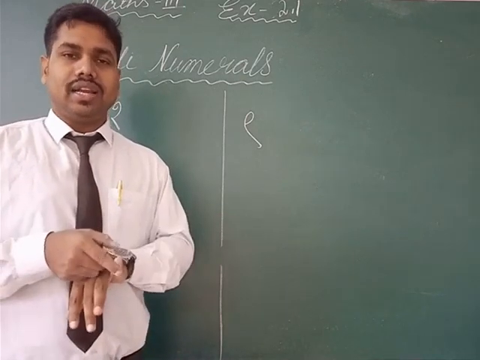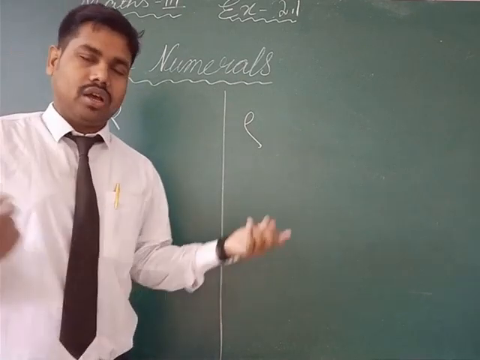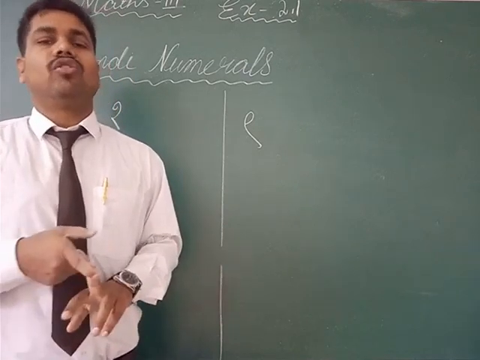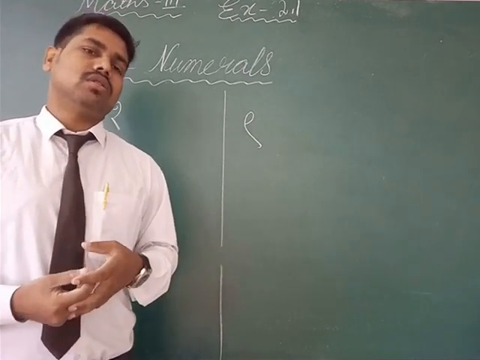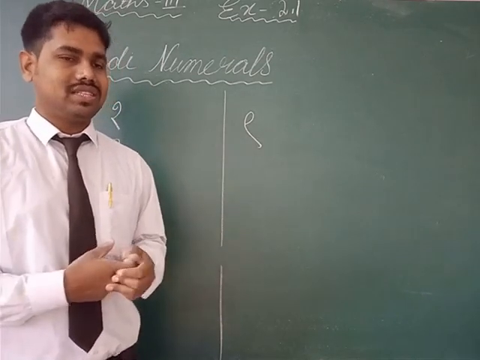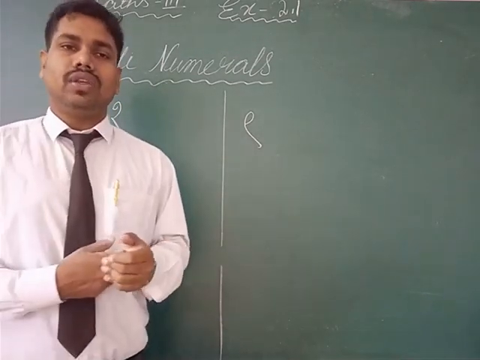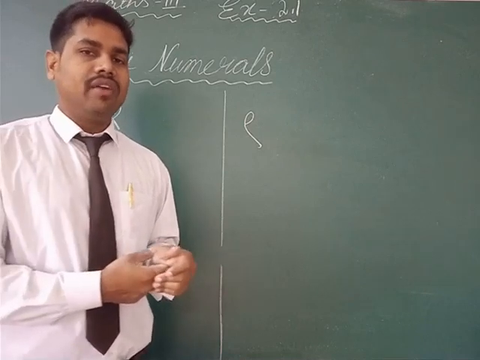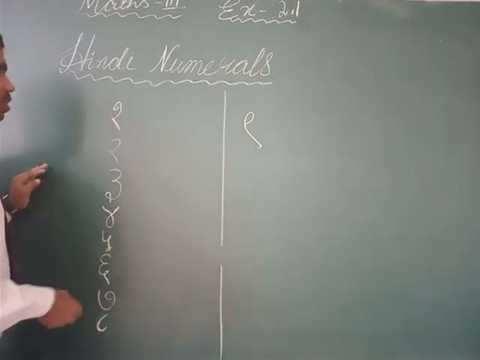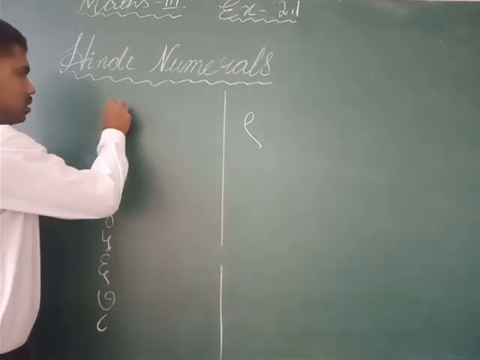First is English, where 1, 2, 3, 4 up to 9 is enough. Then Hindi and then Roman. These are the three basic things you should know. After that we also have Urdu digits. Let's first discuss Hindi, English and Roman. First, for the Hindi numerals, 1 we used to write like this.